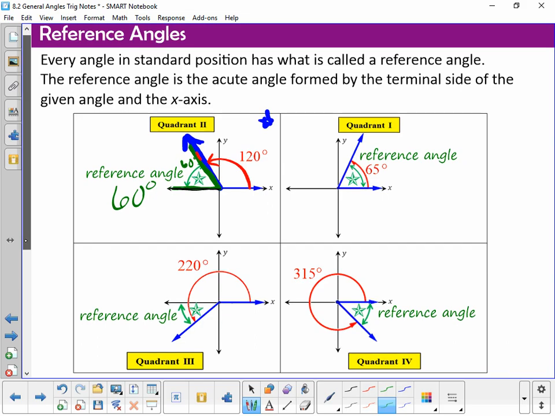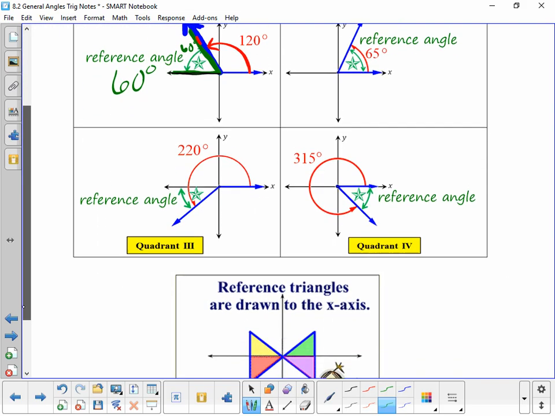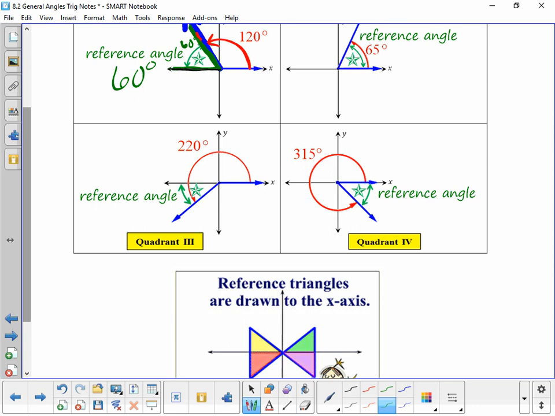Okay, let's look at an example in quadrant 3. In quadrant 3, I have the angle shown, 220 degrees. Here's the terminal side. So the reference angle for 220 degrees is going to be the angle between that terminal side and the closest x-axis.